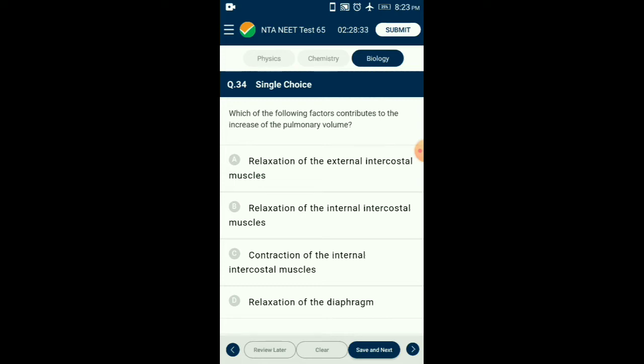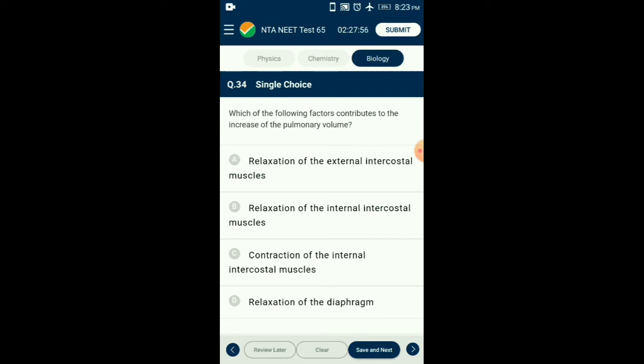The contraction of external intercostal muscles and relaxation of the internal intercostal muscles lifts up the ribs, that means upwards and outwards, and the sternum, causing the increase in the volume of the thoracic chamber in the dorso-ventral axis. The overall increase in the thoracic volume causes a similar increase in pulmonary volume. An increase in pulmonary volume decreases the intrapulmonary pressure to less than the atmospheric pressure, which forces the air from the outside to move into the lungs.